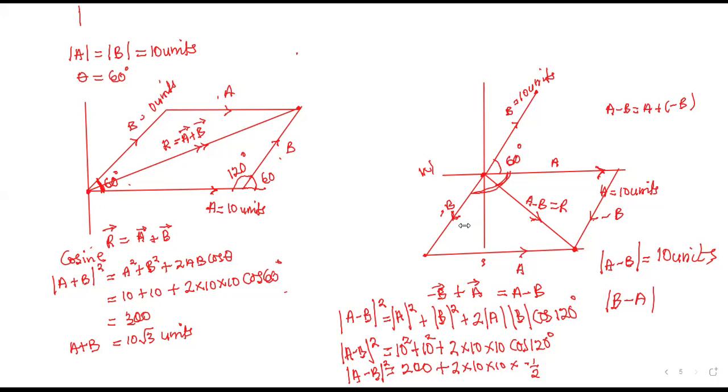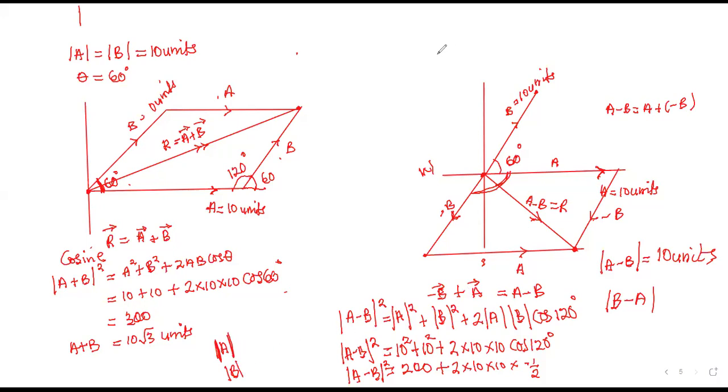Augustine, it is not negative 10 because we are talking about the magnitude, the numerical value. Of course, the negative B ideally is negative 10, but we are looking for the square of the number. That is why I put A and B into this sign to indicate the numerical value. That is the meaning of magnitude.